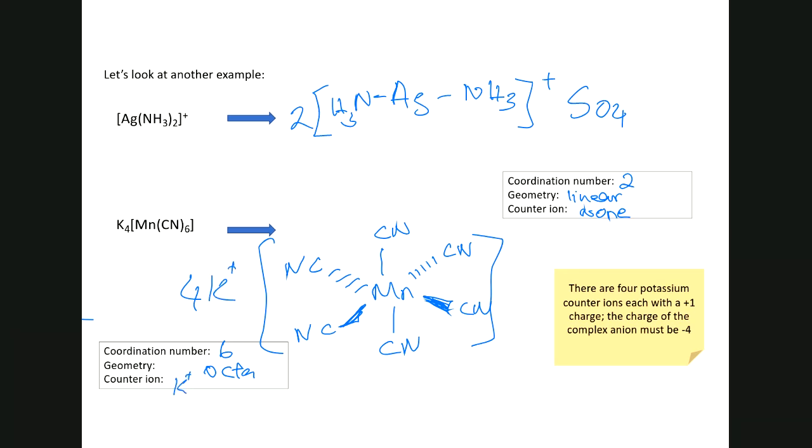Notice that my potassium now goes on the left-hand side because it is my cation, and therefore my manganese complex is now my anion. So if we think about it here, there's 4 potassium ions on the outside, which means the overall charge for this manganese complex has to be -4.